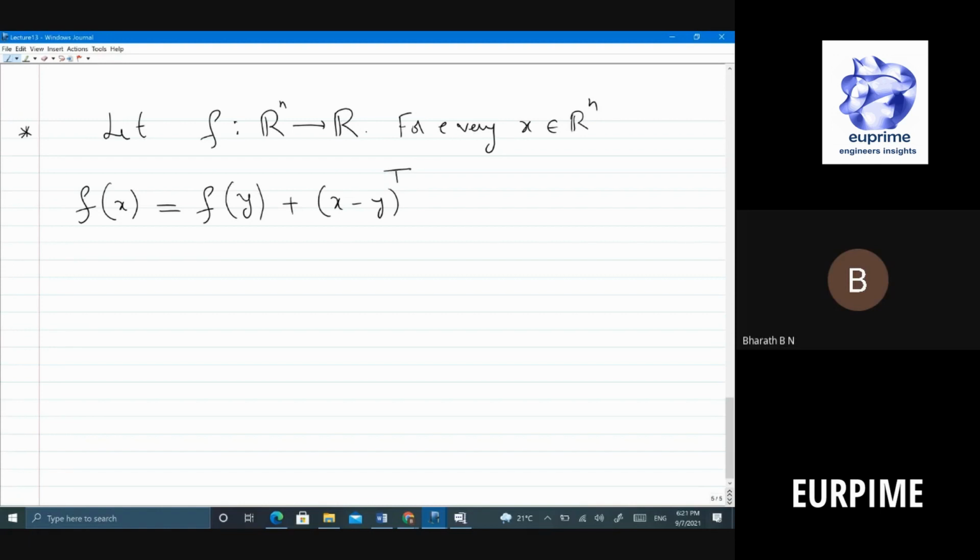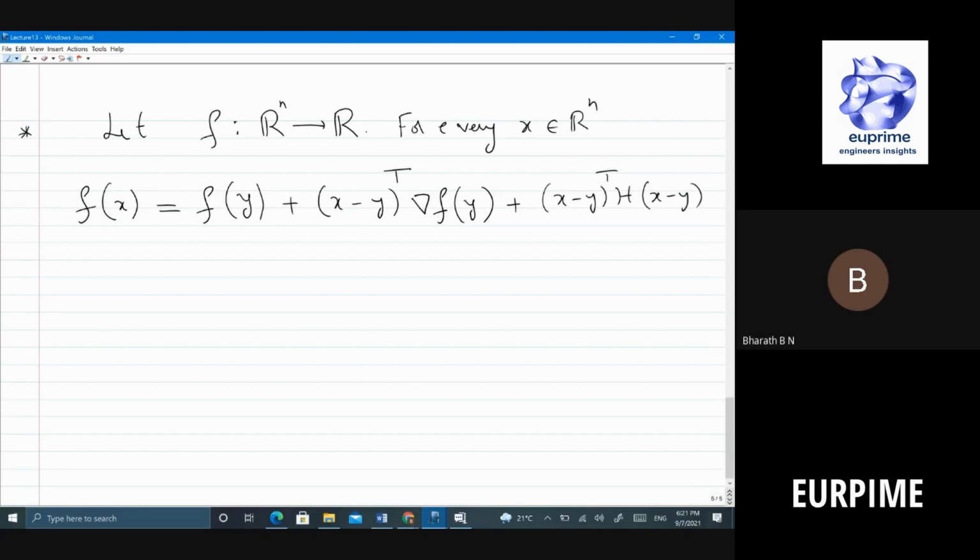So I take the transpose, multiplied by the gradient of the function evaluated at y. Okay, I'm going to take the gradient and evaluate the gradient at y. So that's what we get. Plus, this will be x minus y transpose multiplied by the Hessian multiplied by x minus y.